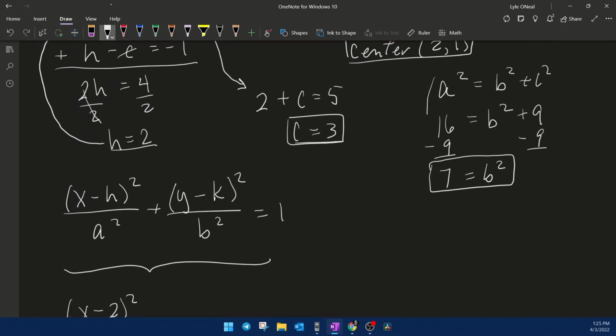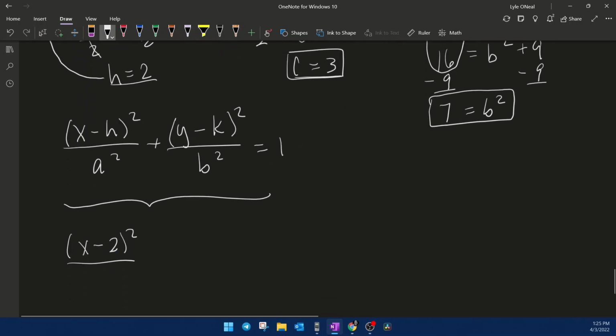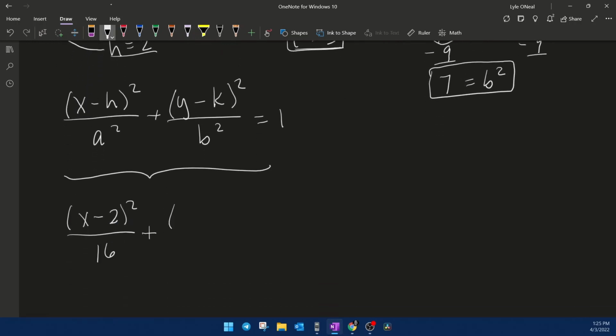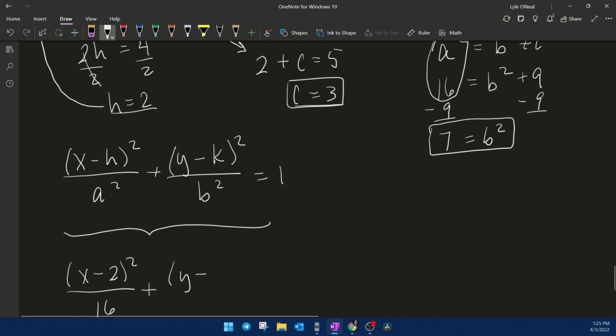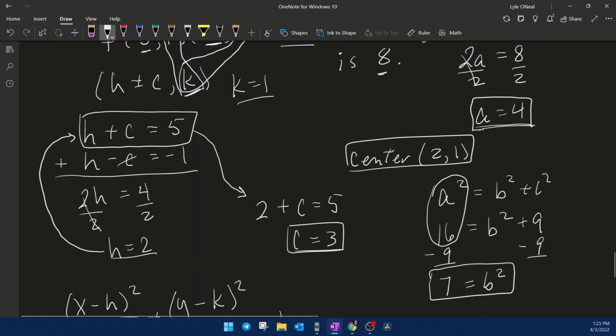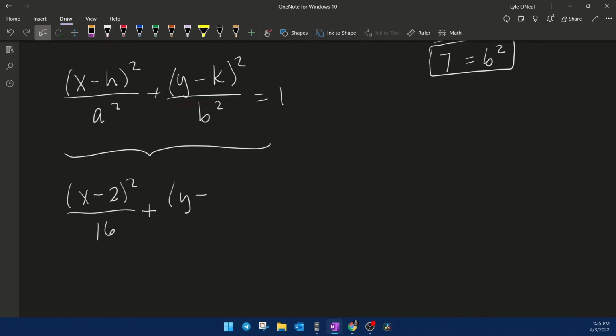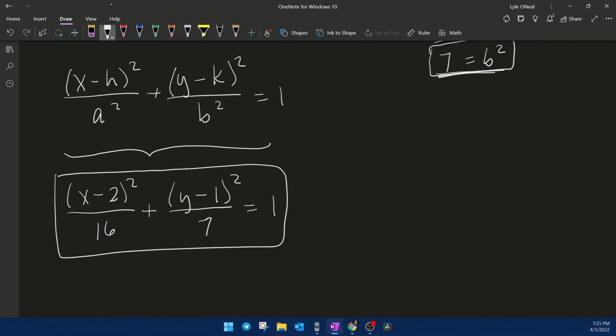And a squared was 16, plus y minus k squared. Recall that k was 1, so that's going to be y minus 1 squared over b squared, which was 7, equals 1, and we're done. That is the standard form of the equation of our ellipse.